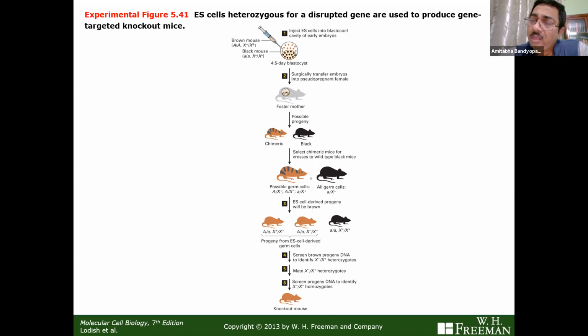Now, the gene that you were knocking out, if it is critical for very early stage embryonic development processes, like maybe without it you will not form the nervous system, maybe without it you will not form the heart, or without it you will not form the vasculature, then what will happen? Then the mouse will not survive. It will not survive beyond very early embryonic stages.